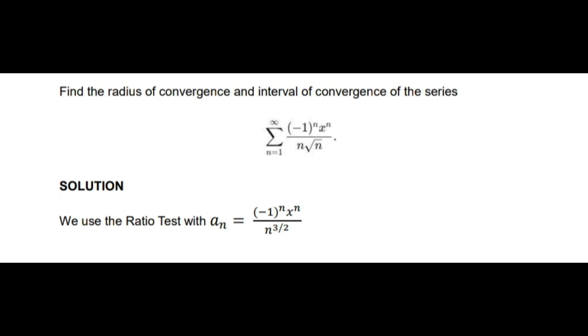In our solution, we first use the ratio test with a sub n equal to negative 1 raised to n, x raised to n over n raised to 3 halves. Next, we set L as the limit of the absolute value of a sub n plus 1 over a sub n as n approaches infinity.